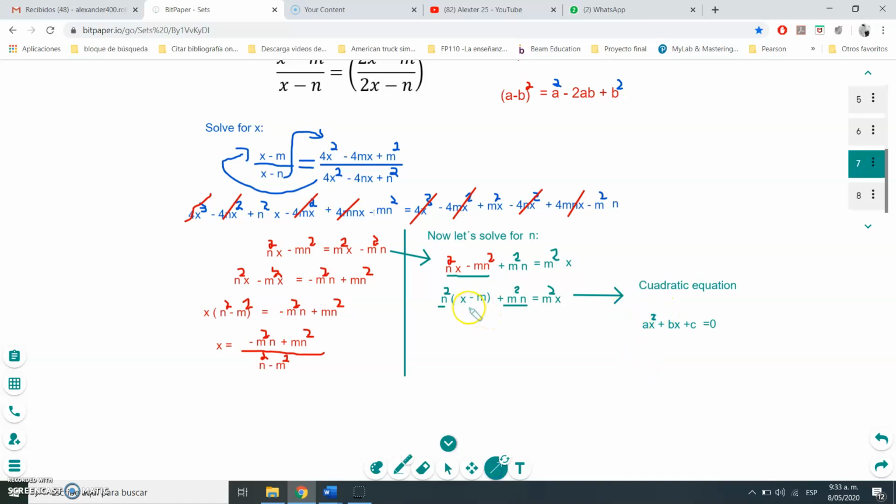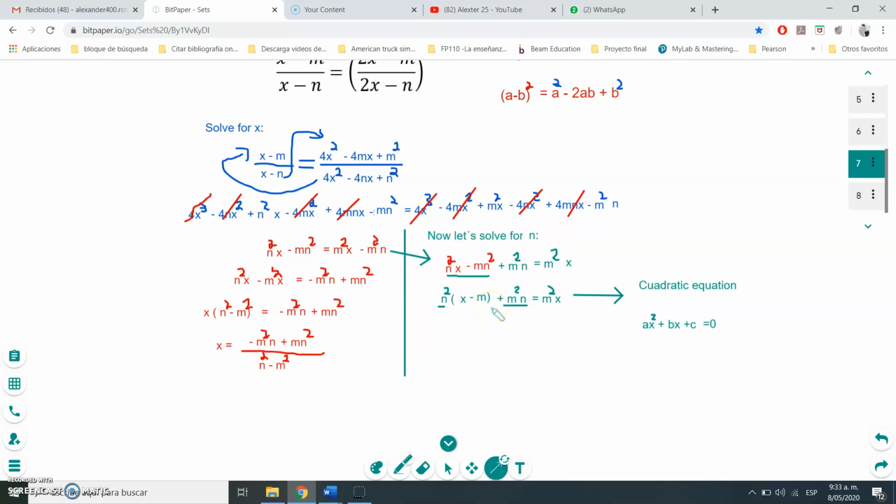In this case, this will be a. Another term contains the variable to the power of 1, and an independent value, in this case m squared n. So we cannot solve for n because this is a quadratic equation and it has another formula that we are not going to use in this case. We cannot isolate the value of n, so the exercise will not be solved for n.